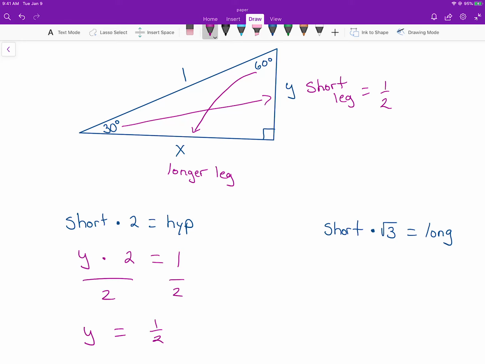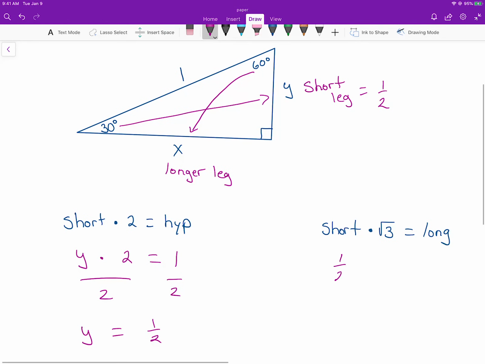Now I can use that to solve for x. So now I'm going to substitute that value in: 1/2 times the square root of 3 will equal x. And to multiply these together, that's like saying the square root of 3 over 1, times 1/2, which will be the square root of 3 over 2, equaling x. And we have just solved for x and y.